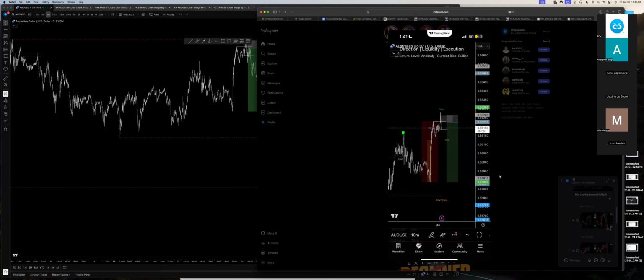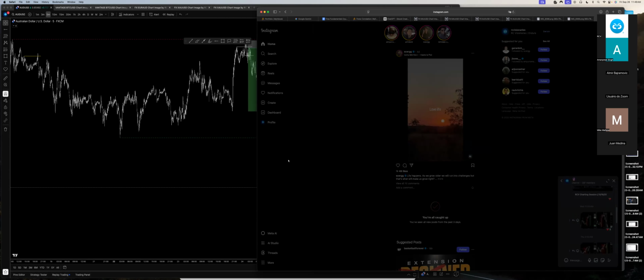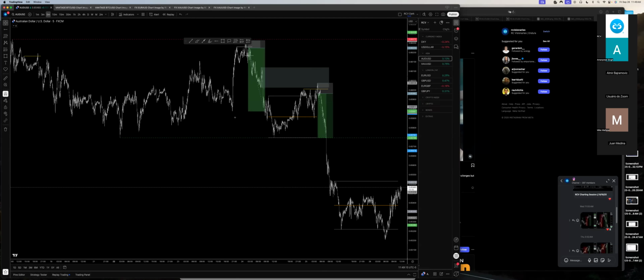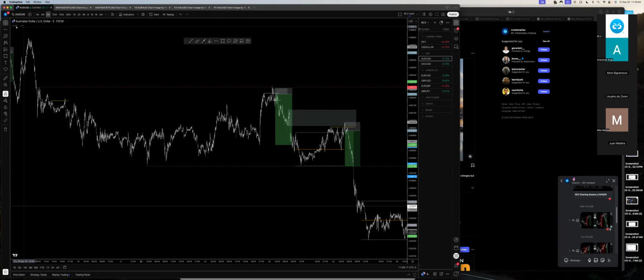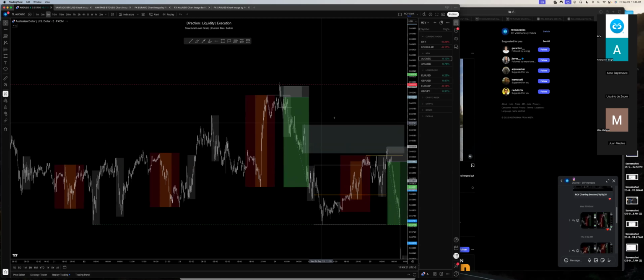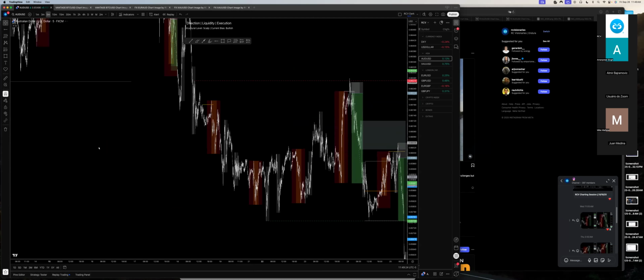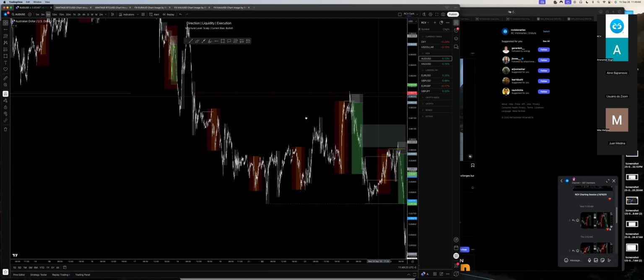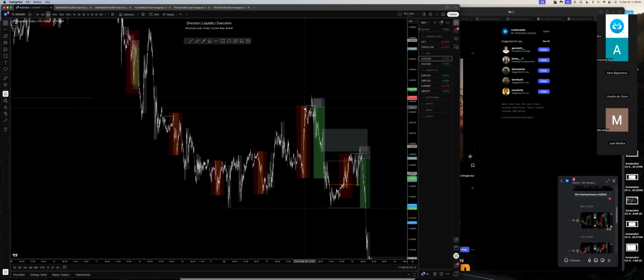So before, after, pretty much the gist of the setup was a pre-London sweep of Asia high, and I was also looking at this point of liquidity here.